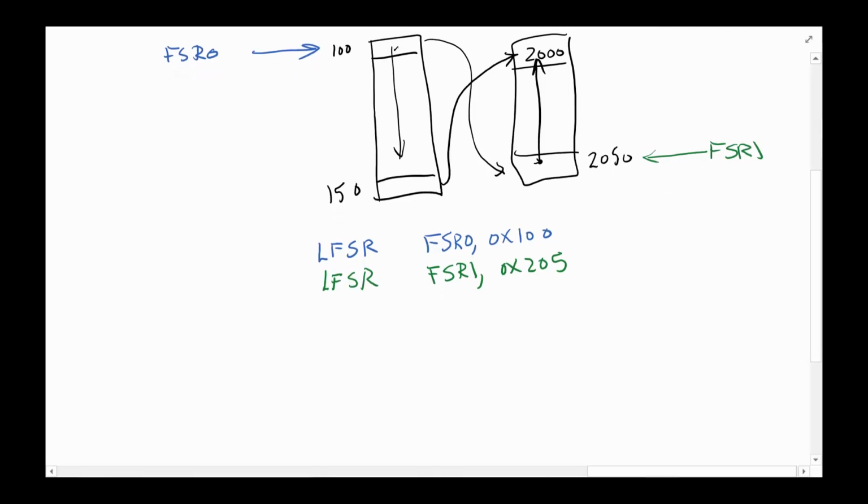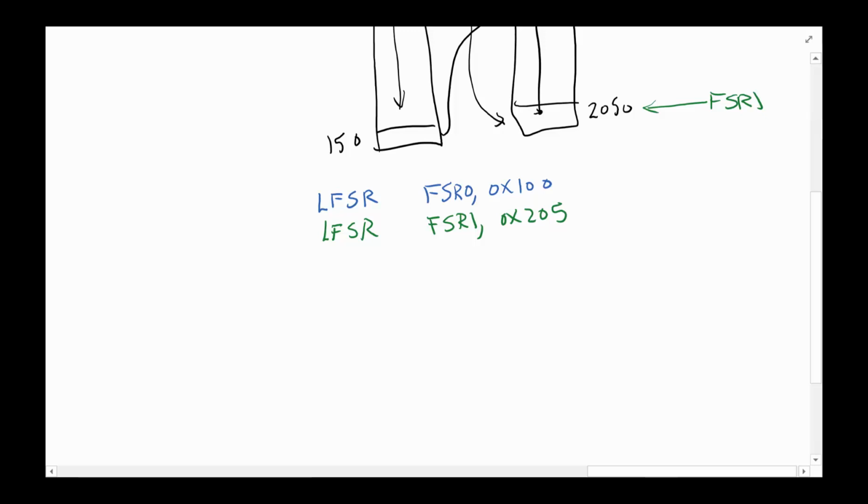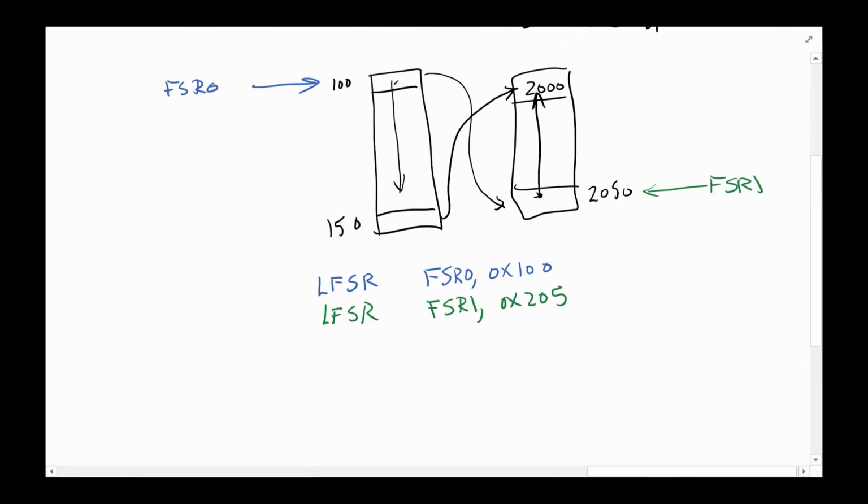Well, I want to copy in reverse order, right? So all I do is basically say move. First thing I've got to figure out is how many locations I want to move, and have a count.